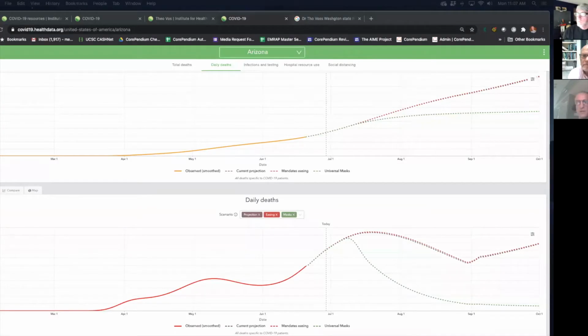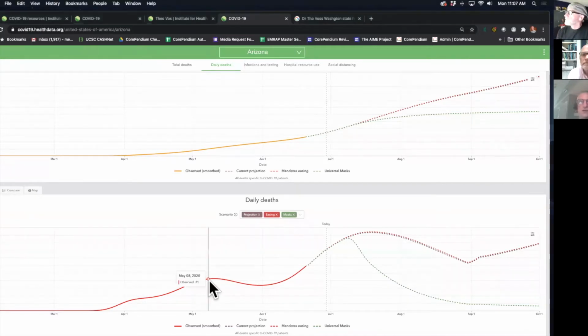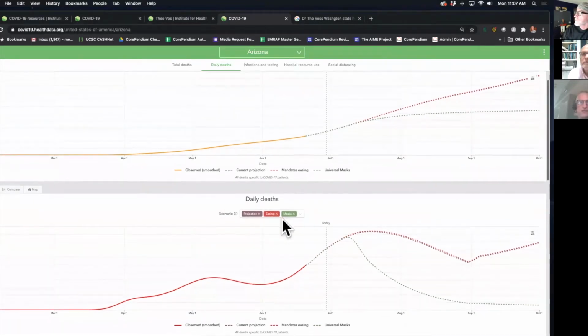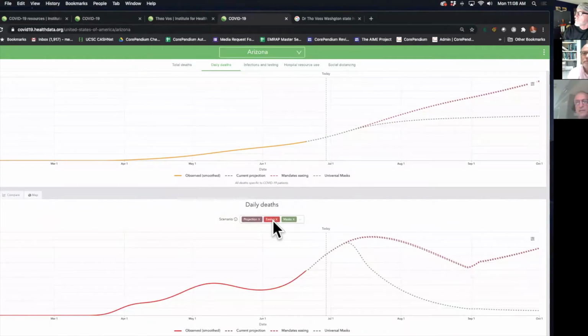Then a second one that looks at the same scenario of easing of mandates, but with a threshold where we predict that decision makers are likely to put on an emergency brake, if you like, reimposing mandates at a certain threshold of daily deaths in the population. And we've set that threshold at a value of 8 per million.